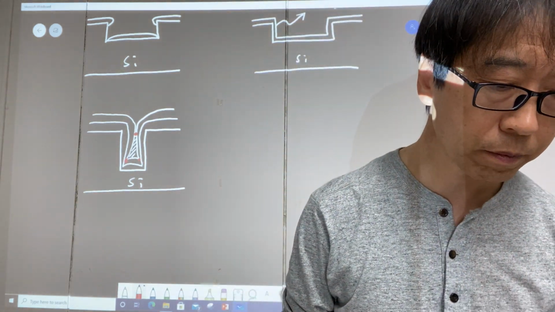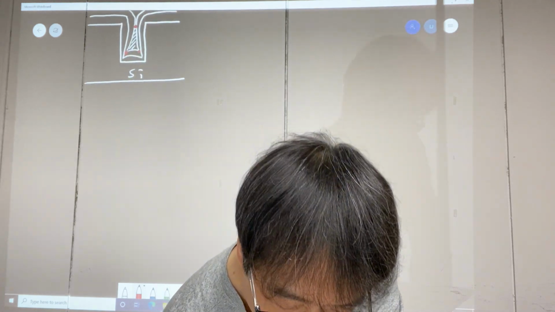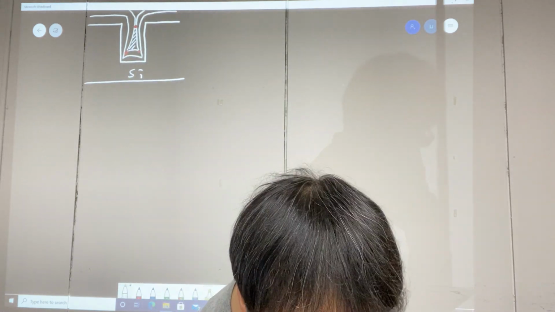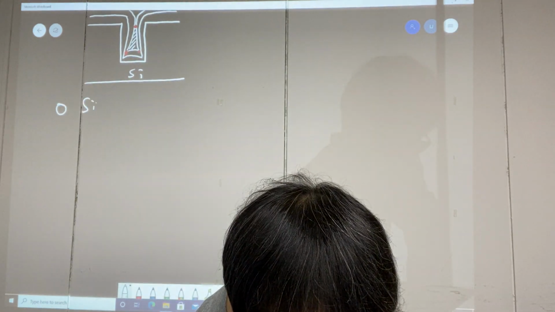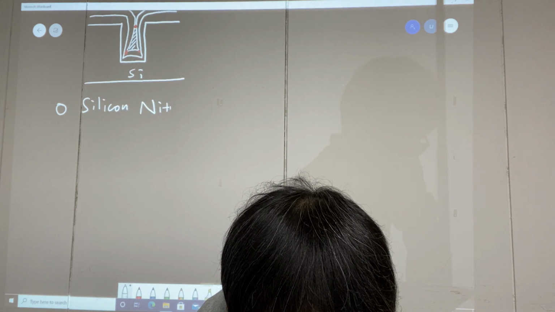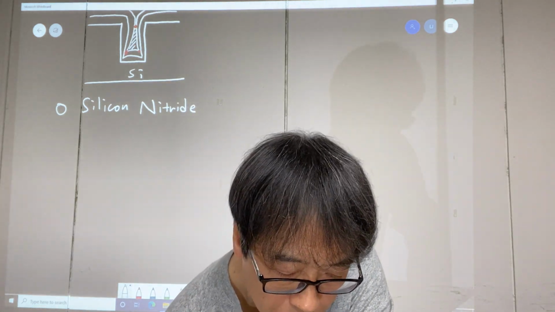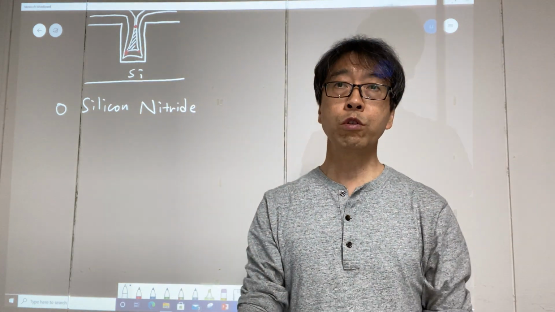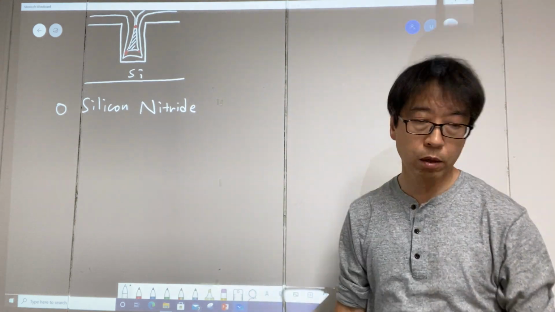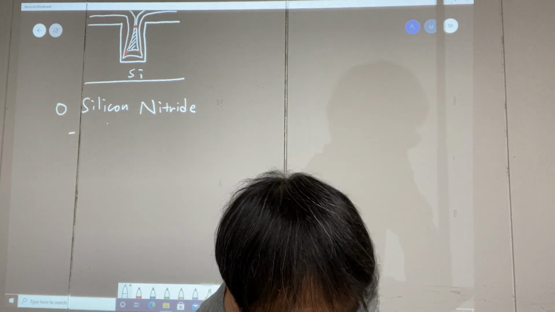Well, so what kind of material are we going to deposit? For instance, we'd like to deposit here silicon nitride. Okay, and what are the uses of the silicon nitride? Well, there are a number of good uses.